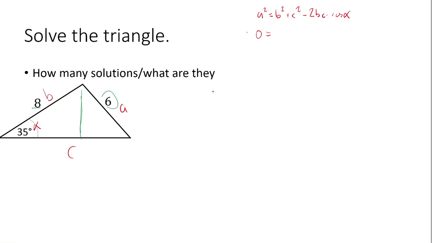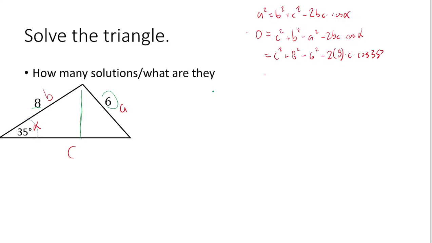So 0 is equal to c squared plus b squared minus a squared minus 2bc times the cosine of alpha. Plug some numbers in here: c squared plus 8 squared minus 6 squared minus 2 times 8 times c times the cosine of 35 degrees.